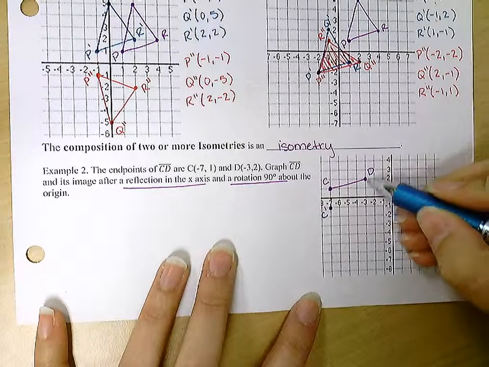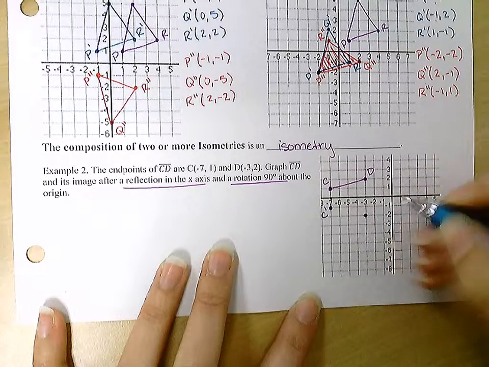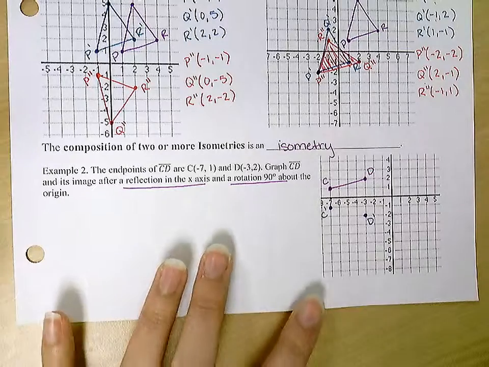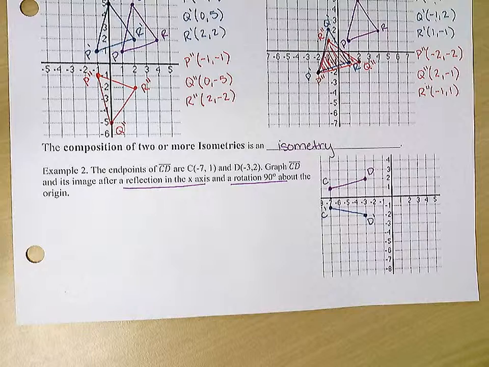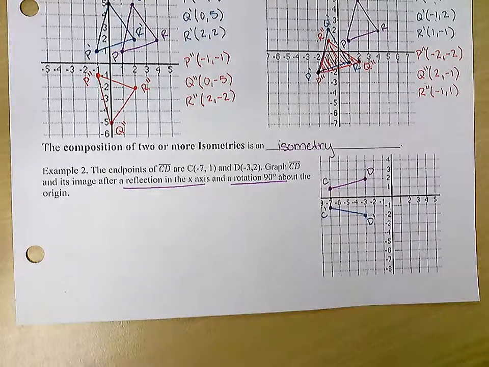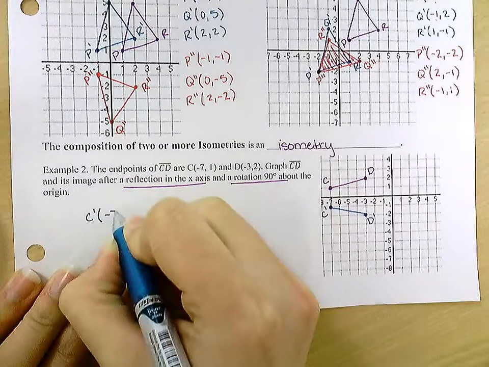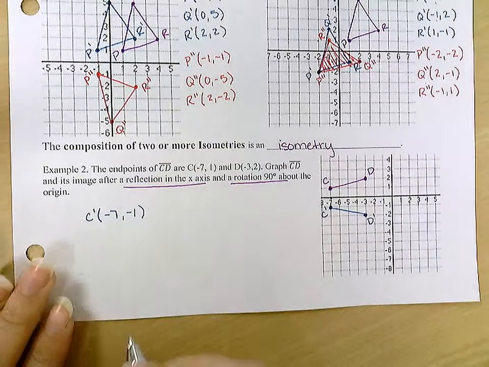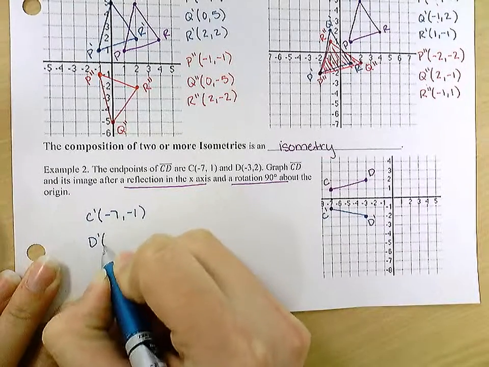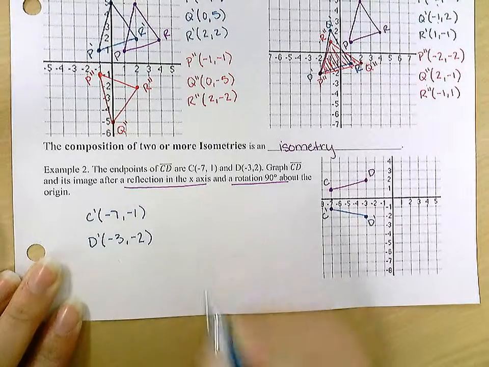Point D is 2 units away from the x-axis, so we'll go 2 units in the opposite direction to get D prime, to create our first image segment here. Now I do want to write out those prime coordinates. So C prime is at -7, -1. And D prime is at -3, -2.